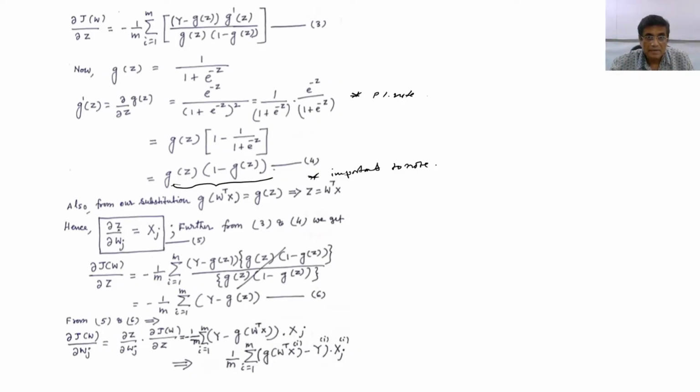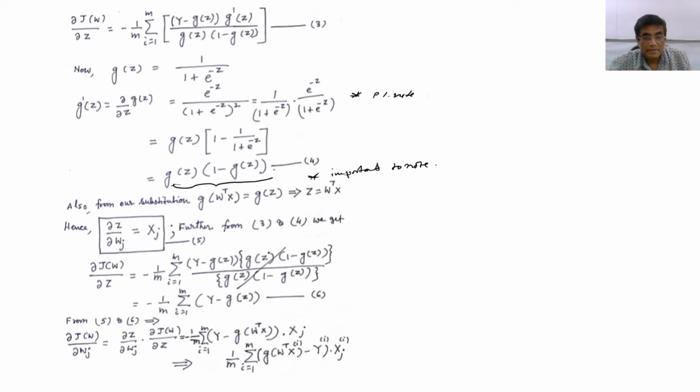And then from 3, from here and from here, we are getting the derivative of the cost function with respect to z equals, again simplification, y minus g(z) times, now we see the derivative has been evaluated as this. So we are writing this in place of the derivative.